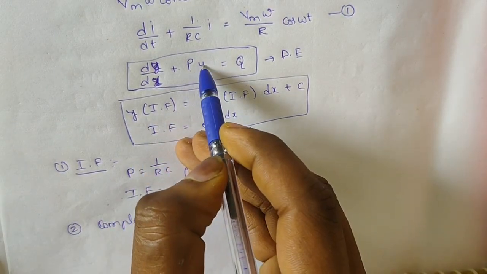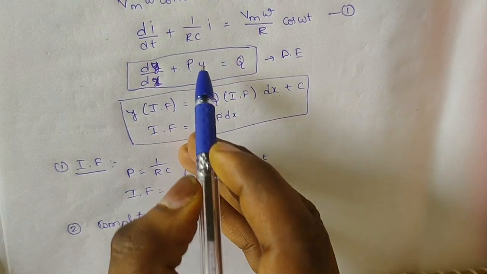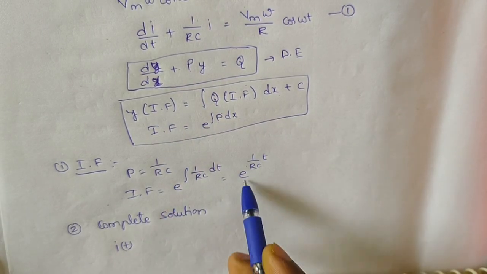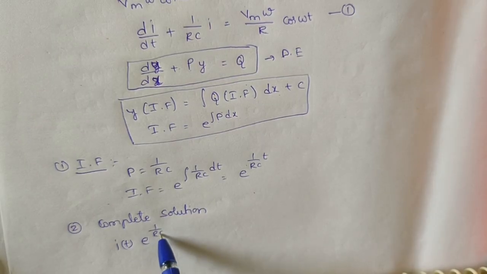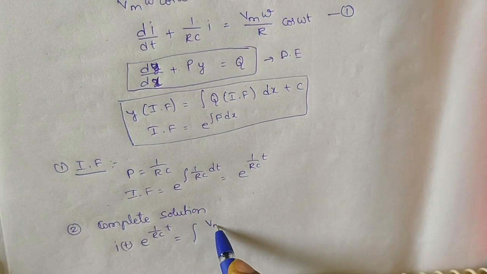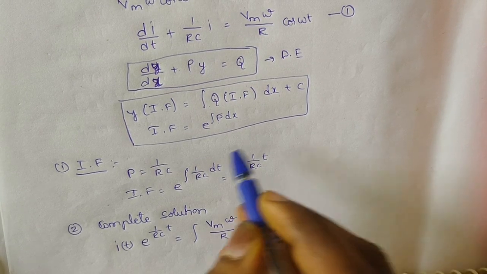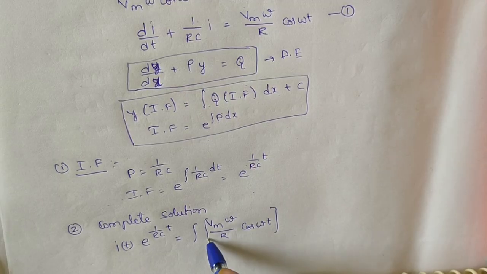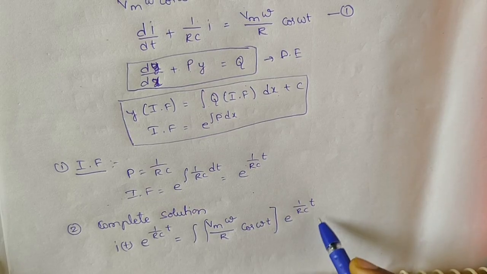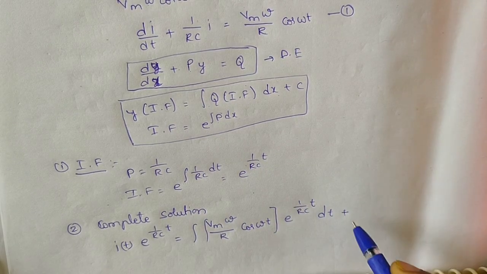In place of y we will be placing I of t, and the integrating factor we got is e power 1 by RC into t, is equal to, in place of Q, what we have is Vm omega by R cos omega t, into the integrating factor e power 1 by RC into t dt, plus c is the constant.